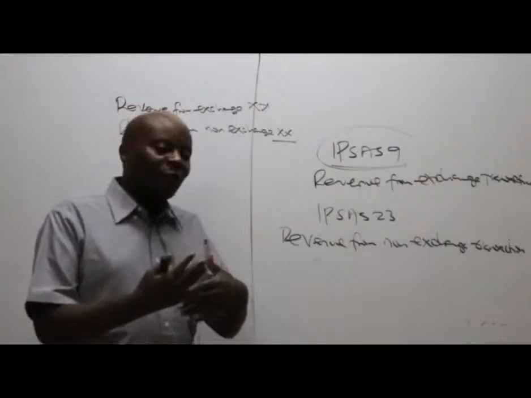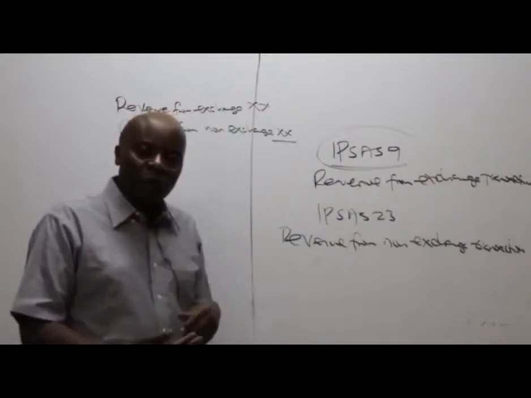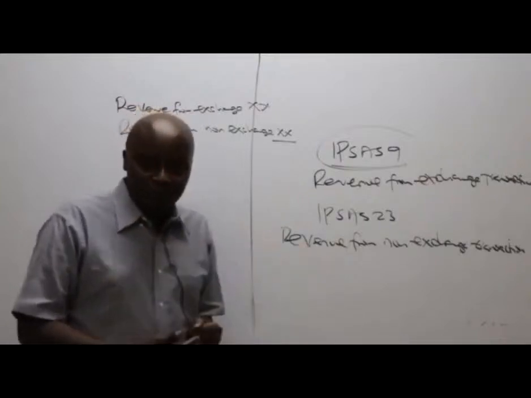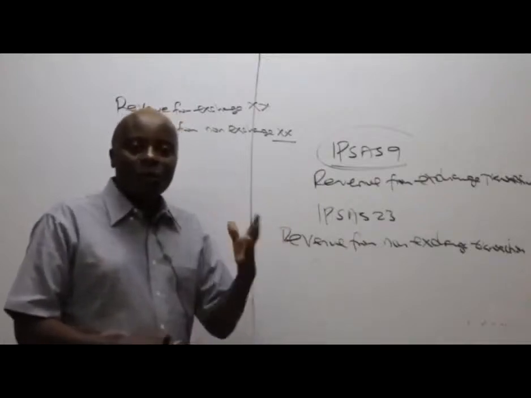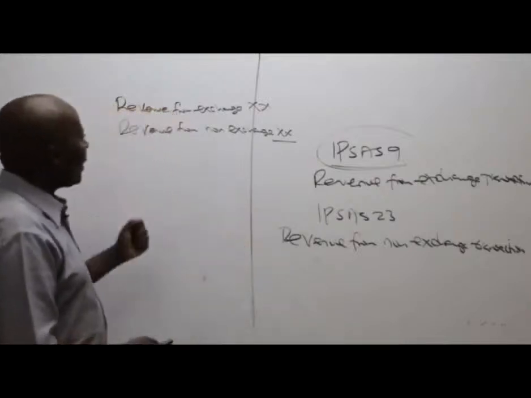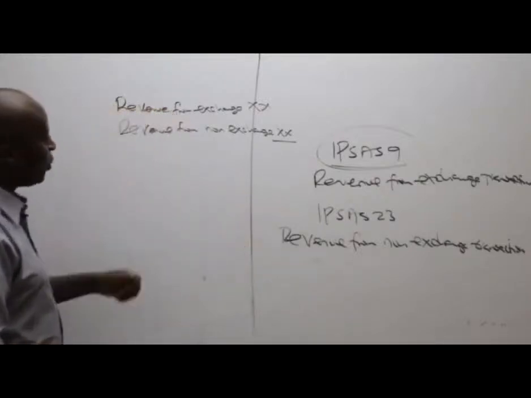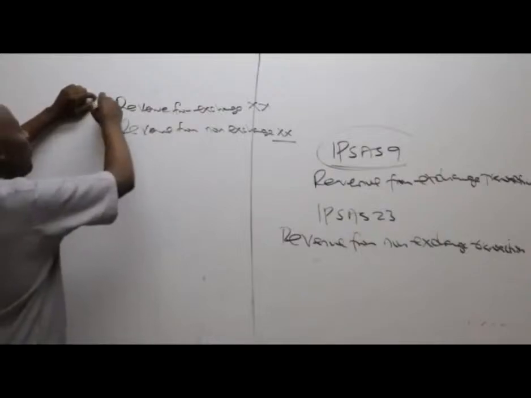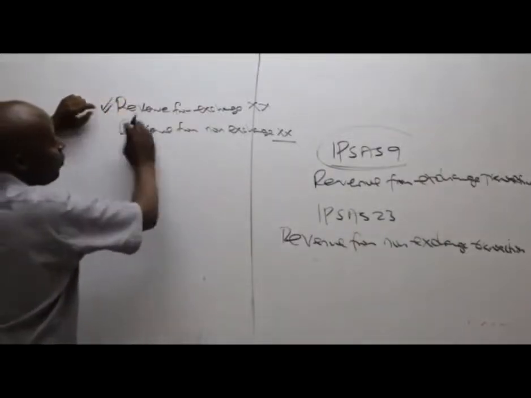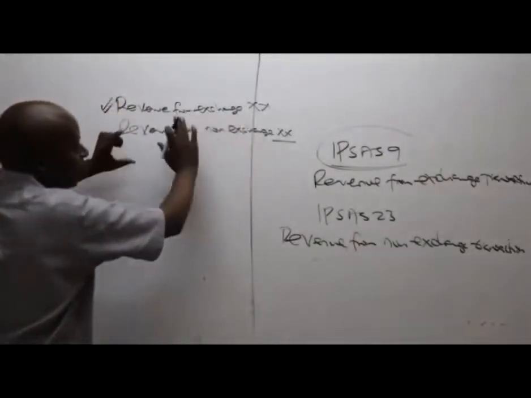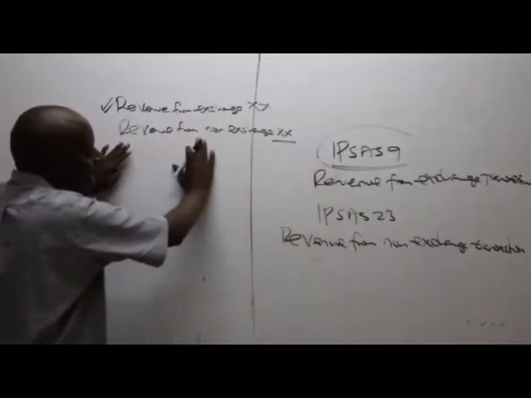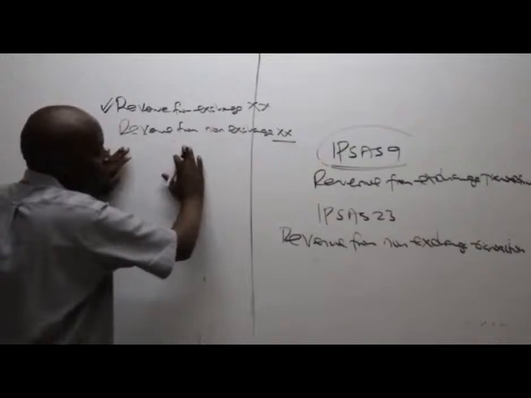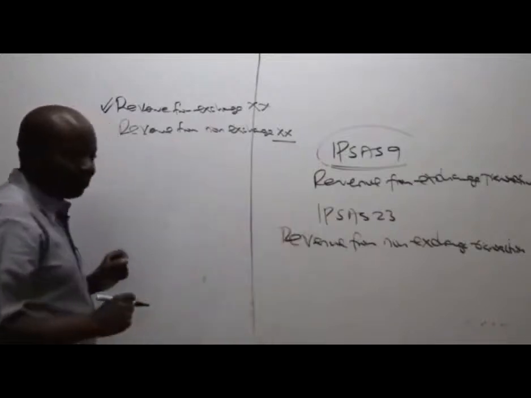If you look at, for example, the income statement of NGOs, like United Nations, like IGAD, like African Union, you will see that they have got two revenue items. We have revenue from exchange transactions, that is revenue captured using IPSAS 9, and then we have revenue from non-exchange, which is revenue captured using what, IPSAS 23.